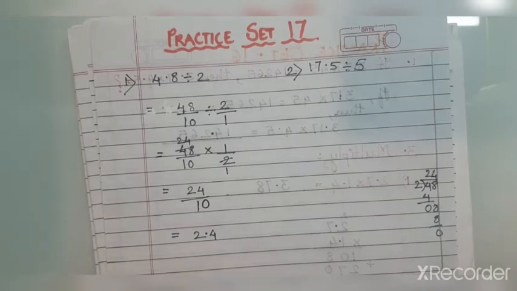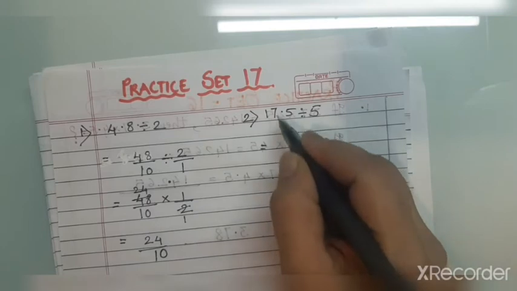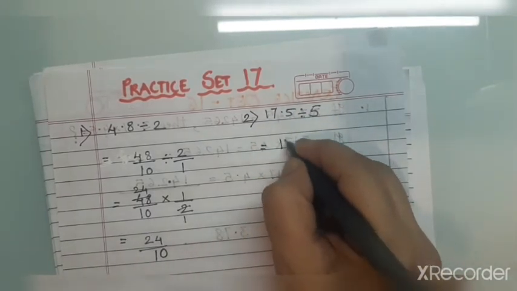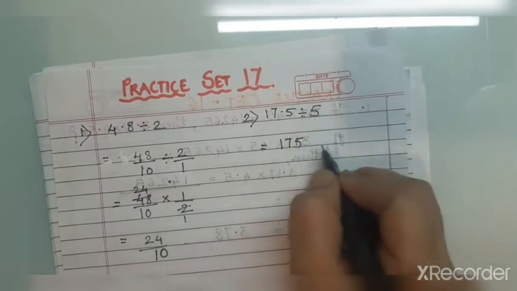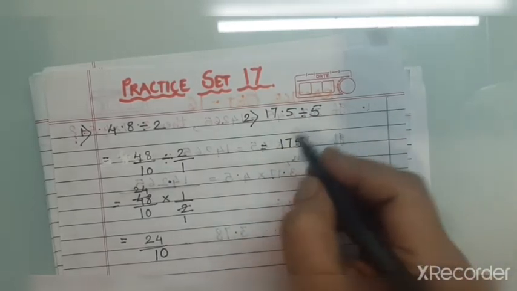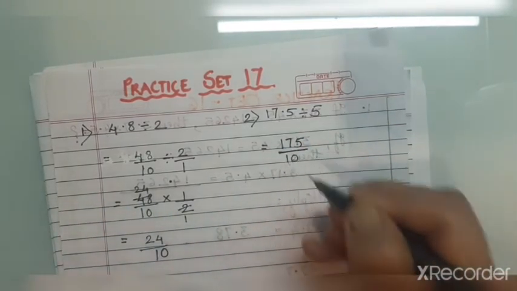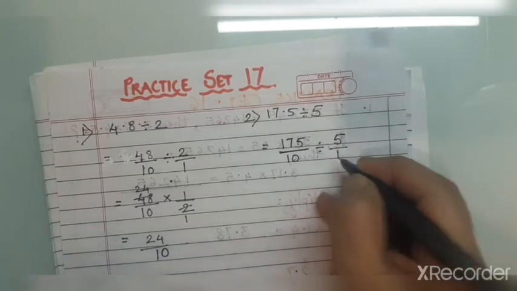Okay. In the same manner we will solve the second one. As I told you, first we have to convert this decimal into a common fraction. That is 175. It is 17.5. I wrote it as 175. Now there is one decimal place, so we will put 10 in the denominator. Divided by 5 upon 1.